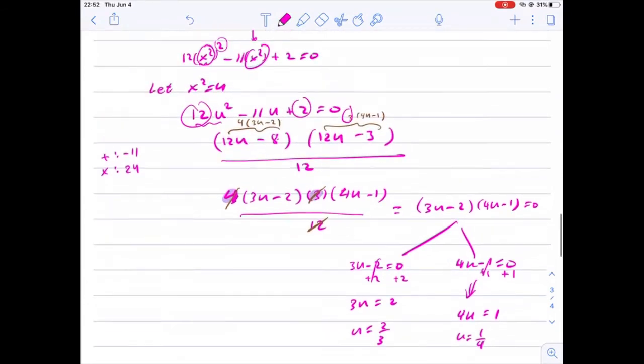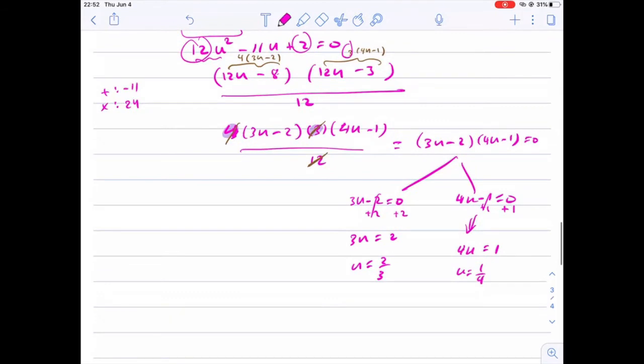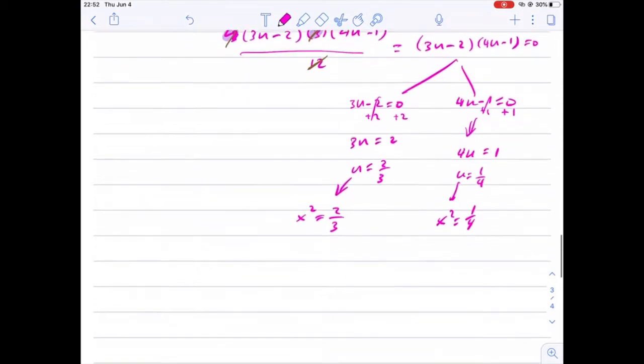So we need to go back to the substitution. Since u is x squared, we write x squared equals 2/3, and x squared equals 1/4. So we need to simplify more.